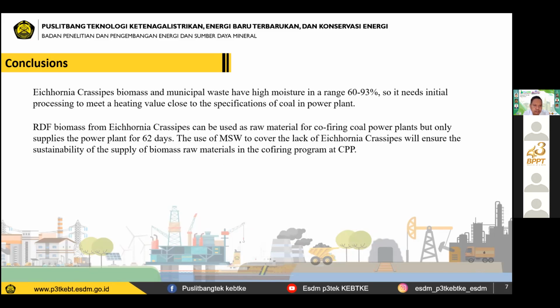And then the RDF biomass of Eichhornia crassipes can be used as raw material for co-firing, but only supplies for 62 days. The use of municipal waste can cover the lack of Eichhornia crassipes to ensure the sustainability of the supply. And it comes from combustible waste or fresh or mixed waste.